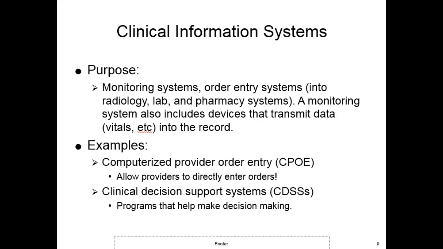So you could enter the patient diagnosis and it might populate some tests that you might want to choose, or you may enter the type of germ that showed up on the wound culture, and it may populate potential antibiotics that you may want to choose. So there's lots of decision support.